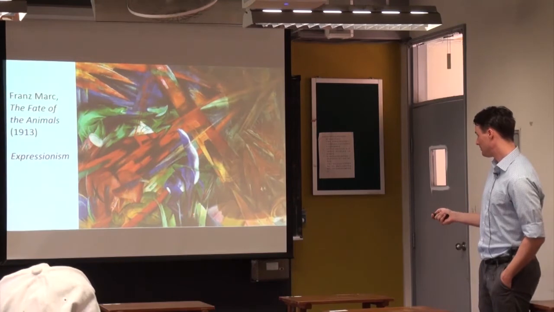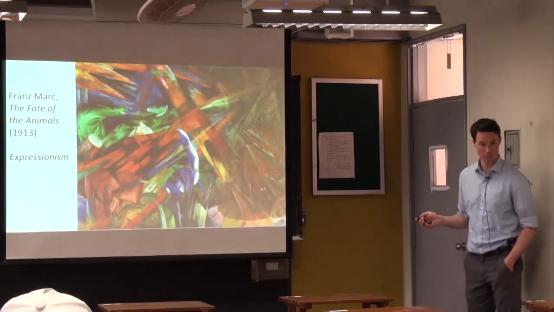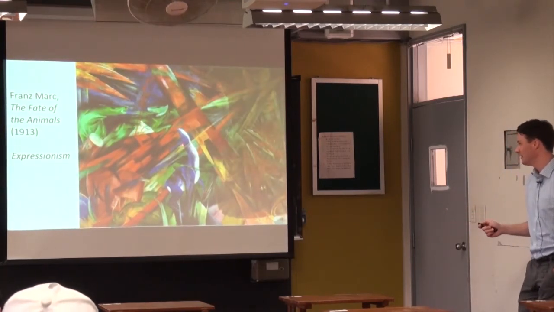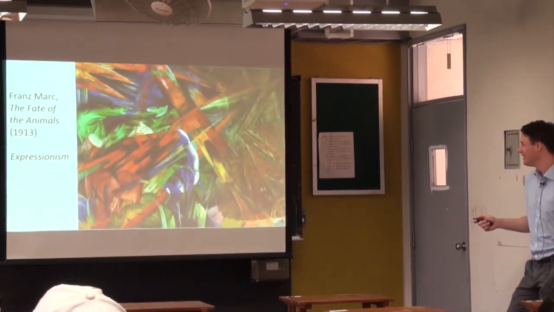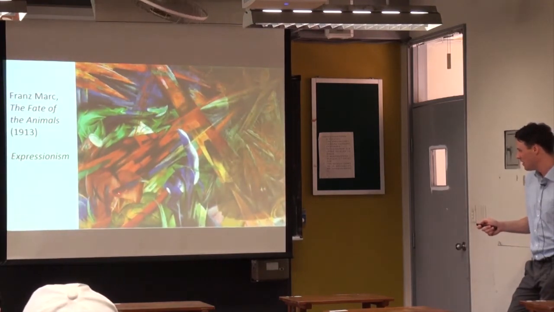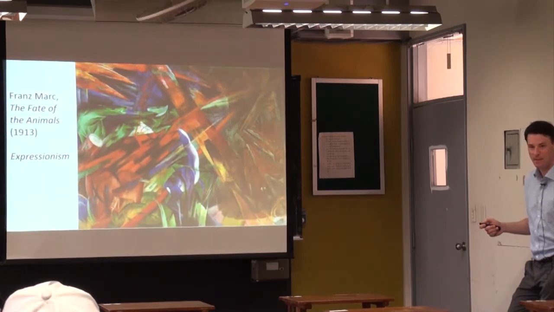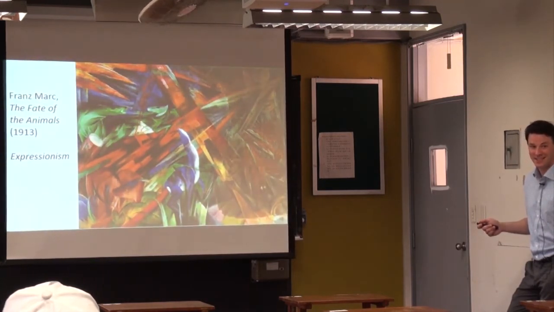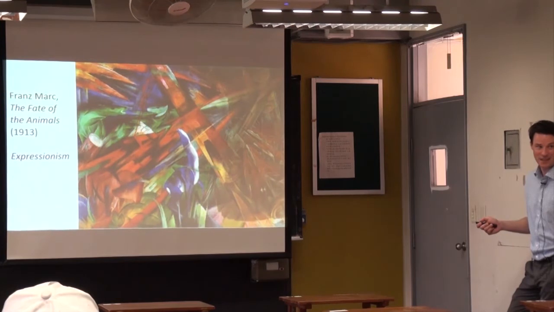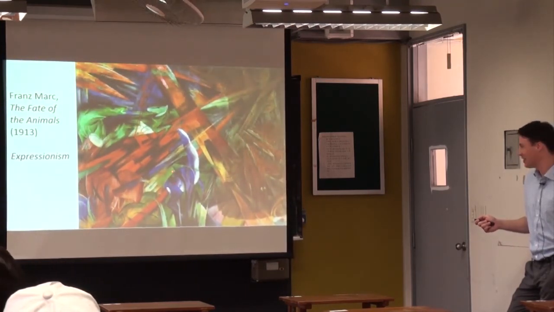For example, this animal, this blue animal, that's an animal, right? There are also some animals over here. They might be maybe pigs, right? Pigs. This might be a deer. Okay, a deer.